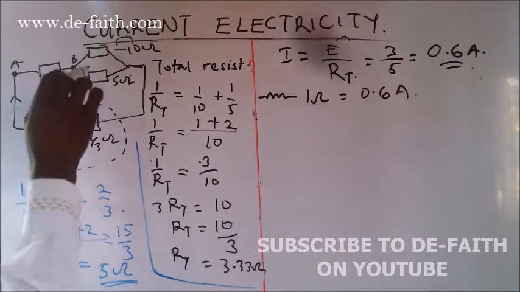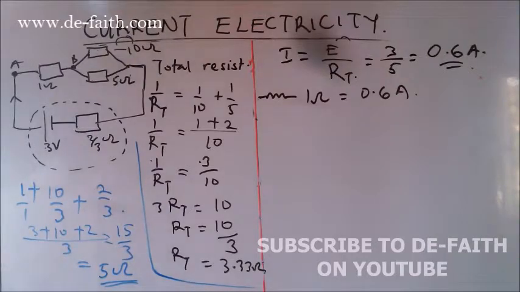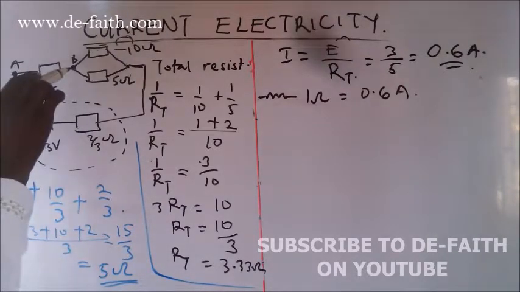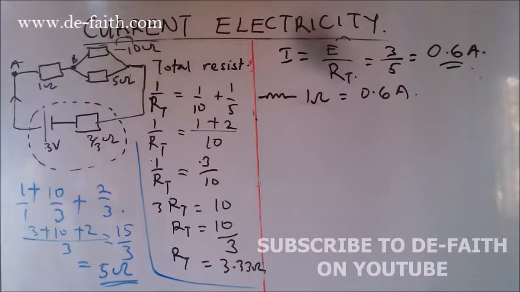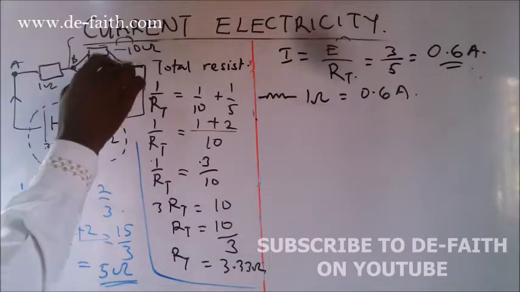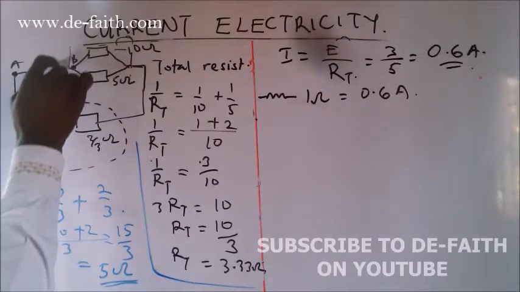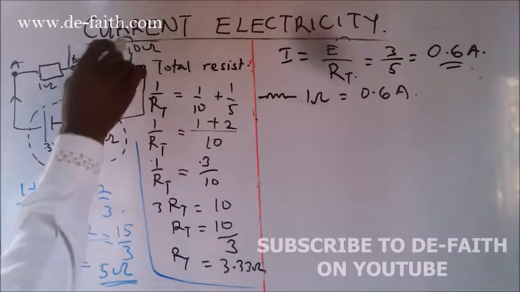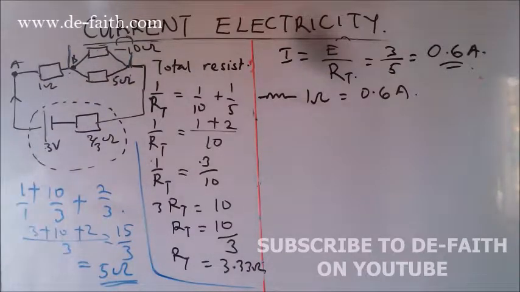Alright, then we want to calculate the current through this. Now we said initially that when the current comes here, it separates depending on the value of the resistor. What we need to do at this stage is to know the potential difference across these 2 points, because the potential difference across these 2 points is the same for the two of them. So how do we get that?